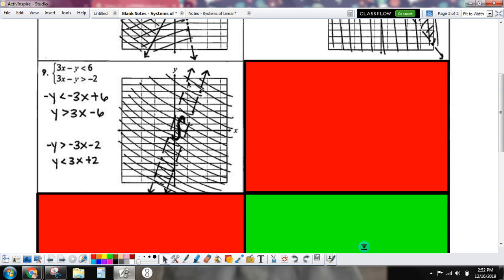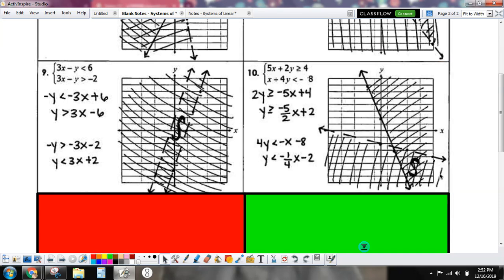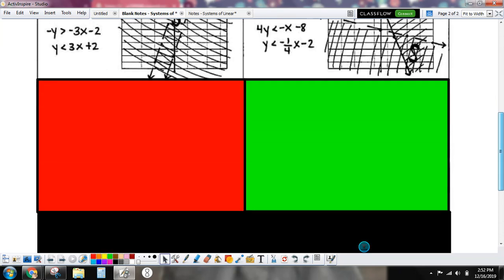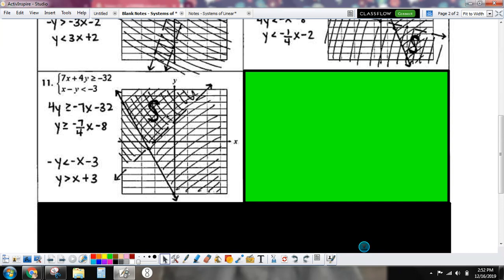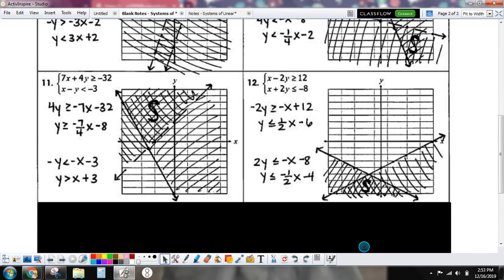It's the area in between the two lines. Try 10. For 10, your graph should look like this. Your solution set's down here. Try 11. For 11, your solution is right here. Try 12. For 12, your solution's down here.